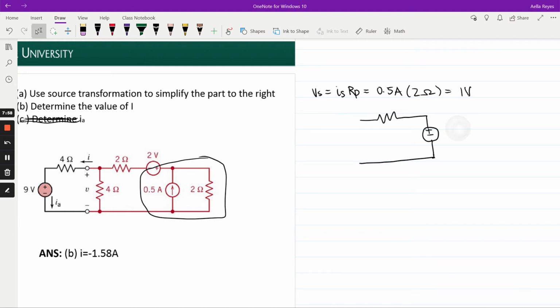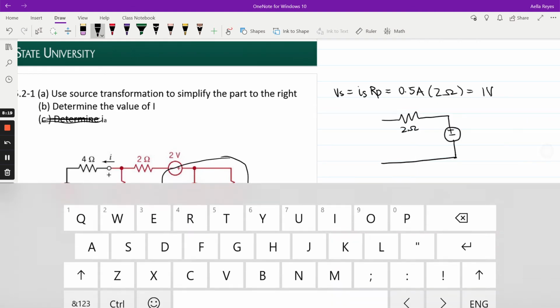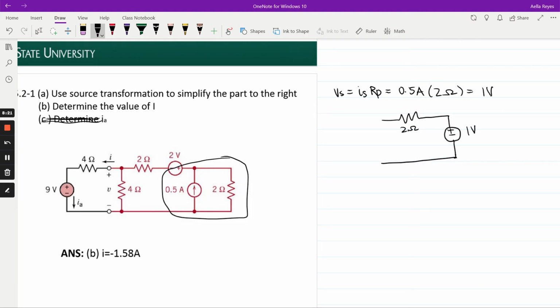Oops, sorry. This is going to be 2 ohms. So your resistors are always going to be the same, whatever your parallel resistors are or whatever the sum is, it's always going to be the same when this source is transformed, but this is different. So this is now 1 volt.